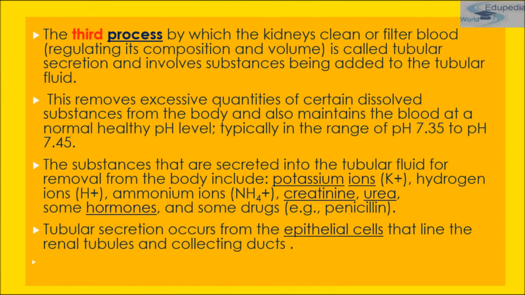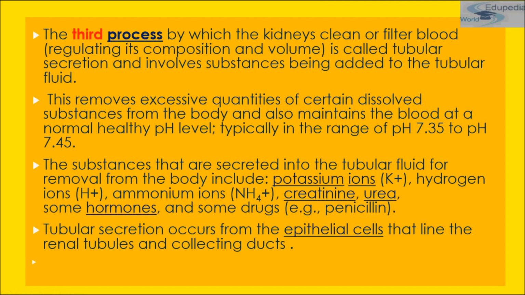And now comes the third process, which we call tubular secretion. The third process by which the kidney cleans or filters blood is called tubular secretion, and it involves substances being added to the tubular fluid.